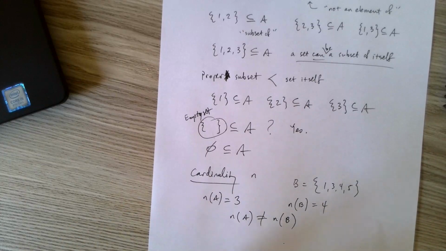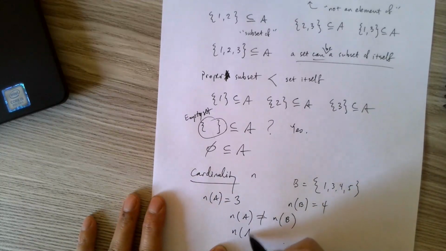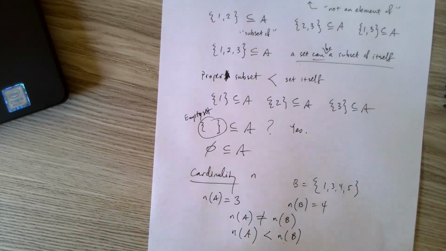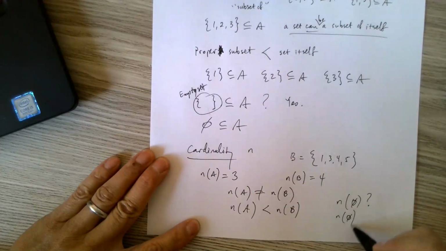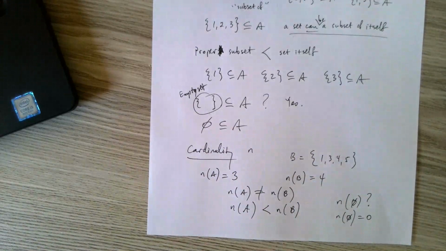I could even be more specific. I could say that the cardinality of A is less than the cardinality of B, right? Okay. And what about the cardinality of the empty set? Well, it doesn't have any elements in it. So, the cardinality of the empty set is 0.